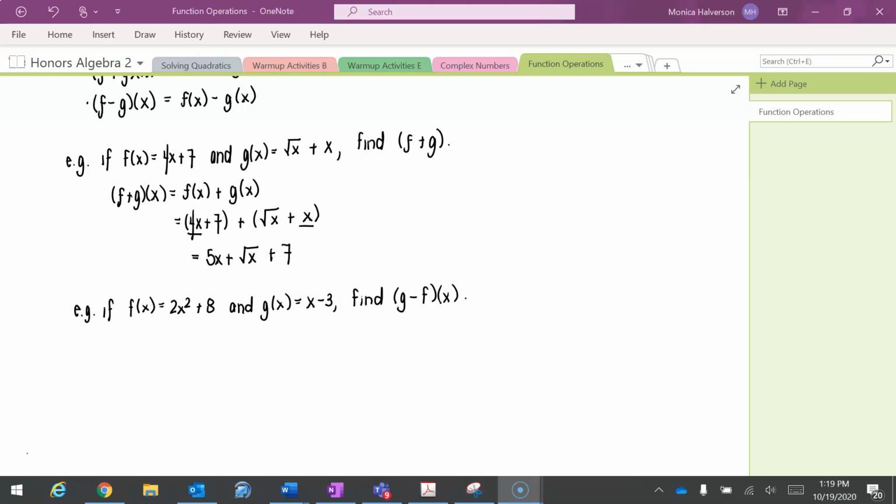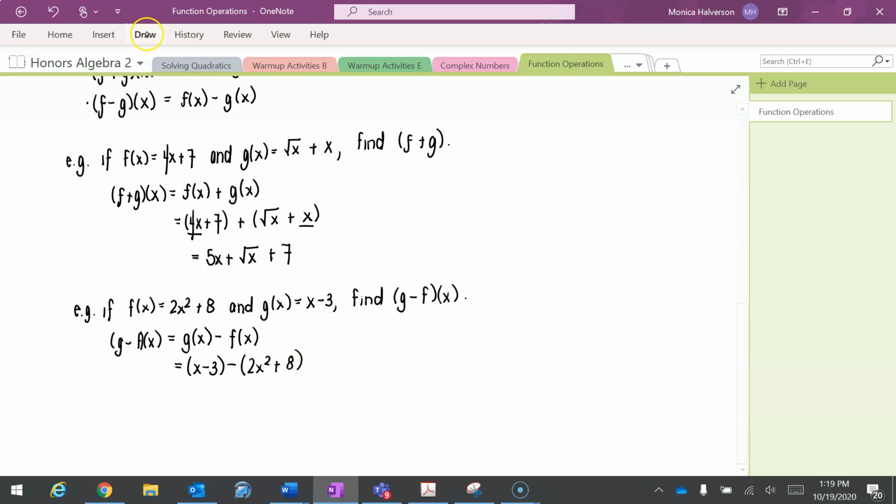All right, so we know that this is essentially saying g minus f of x equals g of x minus f of x. So that means x minus 3 minus (2x squared plus 8).